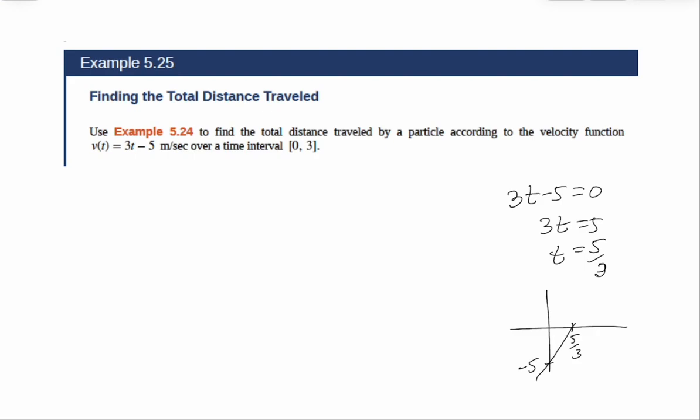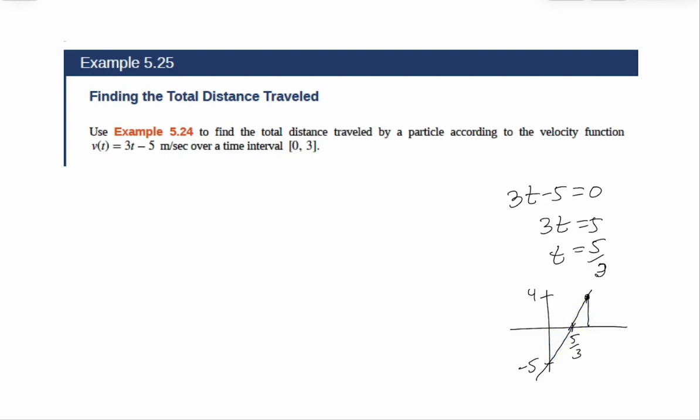At 3, we are at 4. The negative answer to that integration in example 5.24 told us that when it was all said and done, we lost some distance. We went backwards. But this particle went backwards and then went forward a little bit.